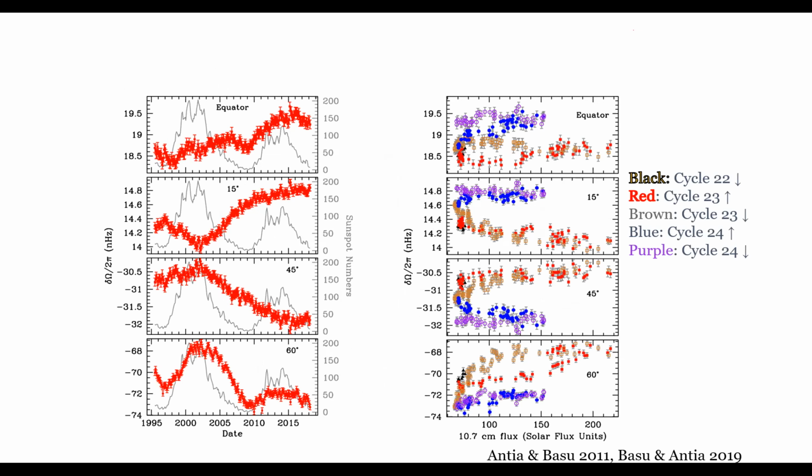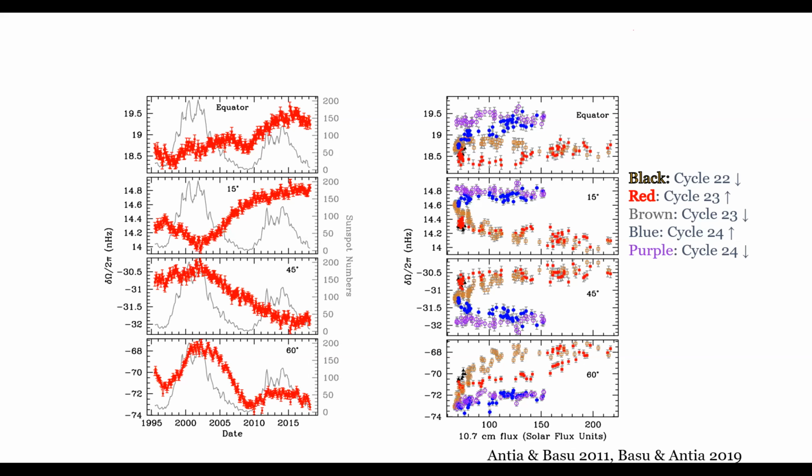So let's go back to rotation and to the tachocline, going to time variation now. This is work that Sarbani and Antia have been doing, and these show changes in the rotation rate at the base of the convection zone at different latitudes.